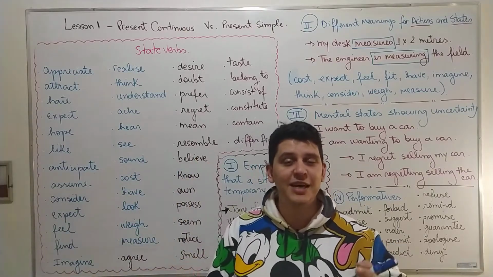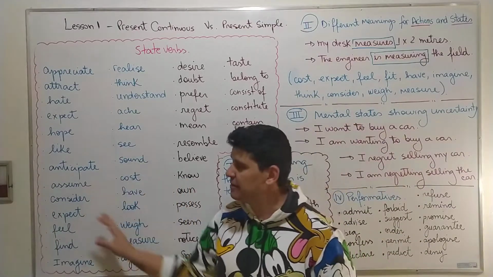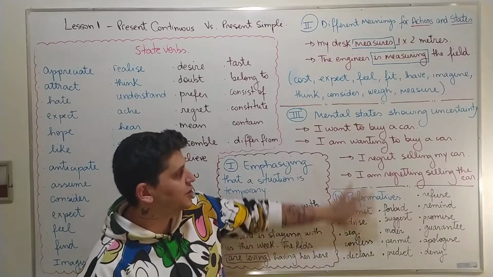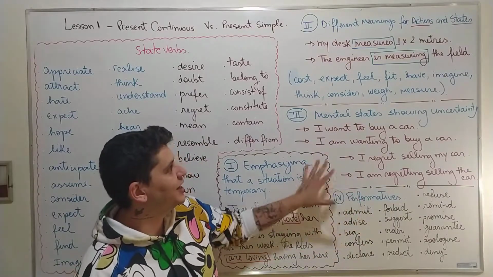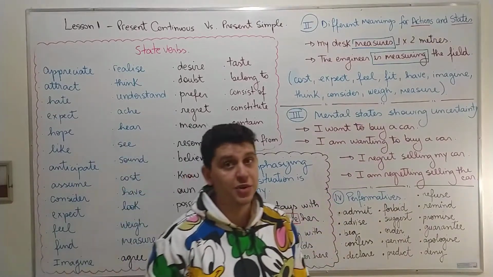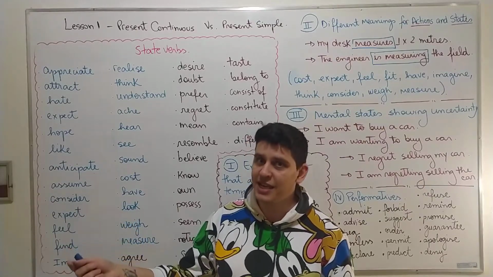But now it's the time for you to know the truth. And the truth is that some of them can be used in continuous tenses with, of course, some considerations to be taken. Okay, you really need to take this information that's here on my board into consideration when using these guys with an ing form in a continuous tense.